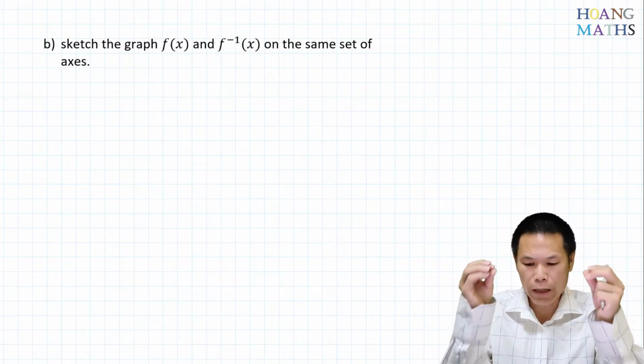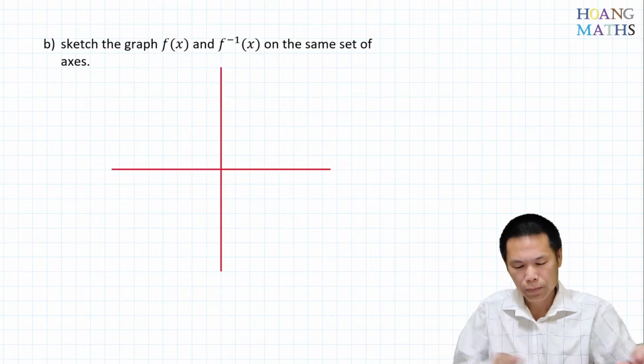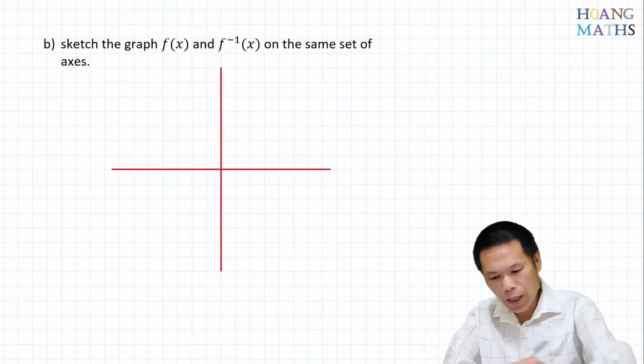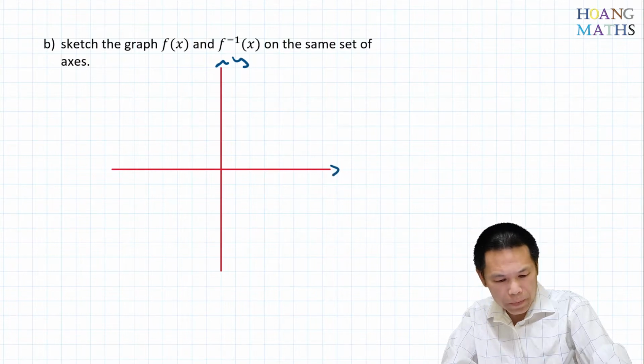Part B, sketching the graph. Let me draw the axes first and label them: this is y, this is x.